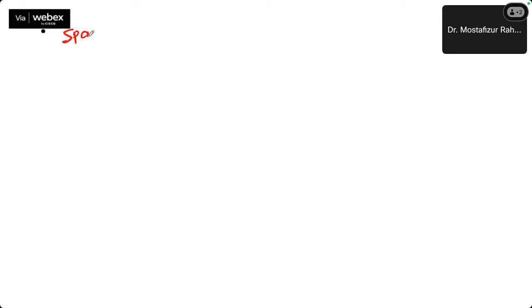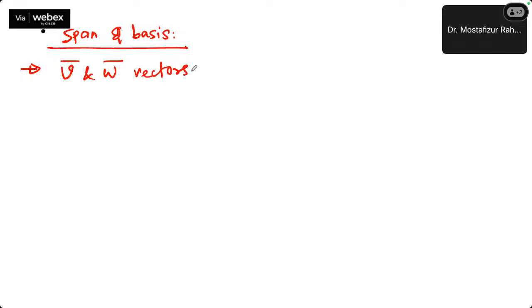Two important things: span and basis. If we have two vectors v and w, then the span, I'll explain what this definition tells visually later. Just for the time being, please take the definition for now.